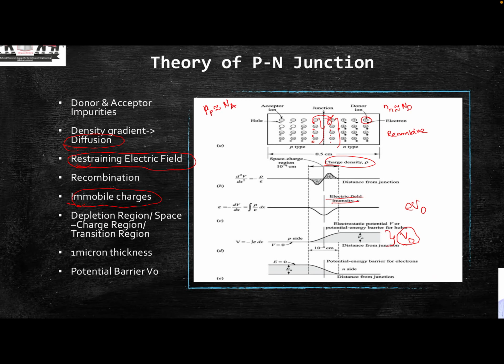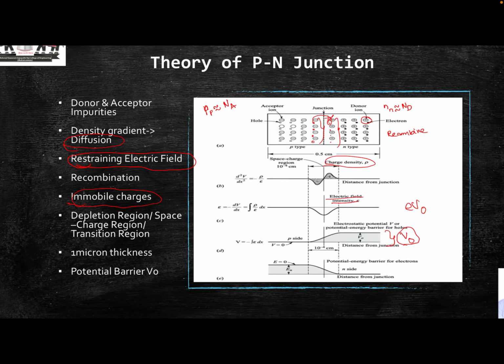The direction in which the conventional current flows is given by the arrowhead in the symbol. So this is your anode and this is your cathode, and current flows from anode towards the cathode.